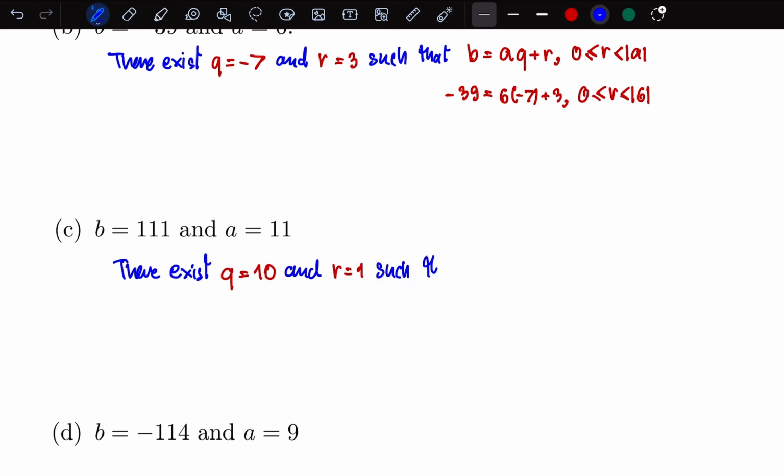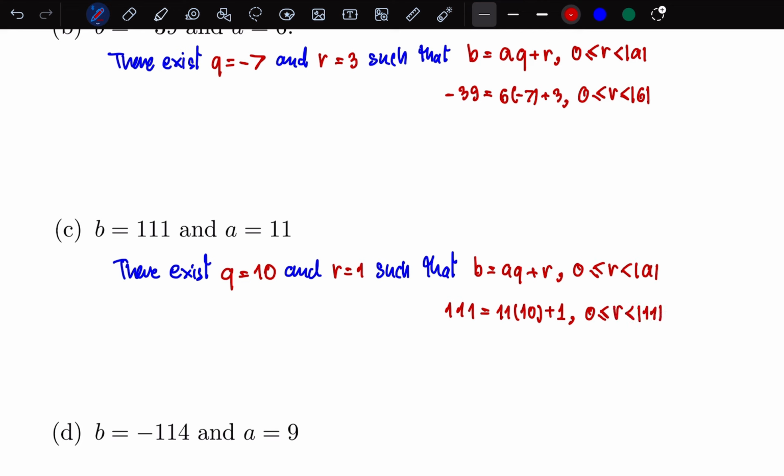Such that B equals AQ plus R, and R is greater than or equal to 0, less than the absolute value of A. B, which is 111, turns out to be 11 times 10 plus 1. Alright? And R is greater than or equal to 0, less than the absolute value of 11. So that's what we have right here by the division algorithm.